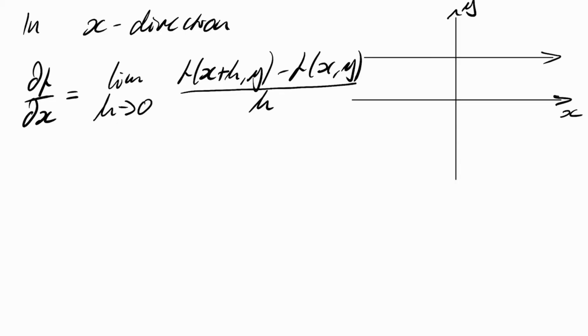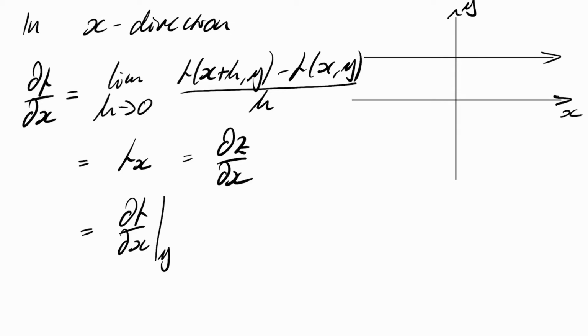So this we would say is the partial derivative of f with respect to x, and we treat y as a constant. It's also written as f subscript x, or if we write z equals f of x and y, this would be dz by dx. And sometimes one would explicitly say that y is a constant, and that's written with a vertical line.